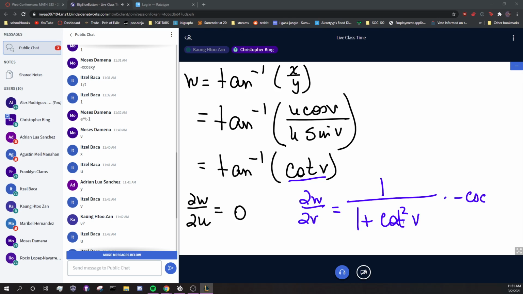Okay, so we end up with negative cosecant squared of v. All right, so you can simplify this. So if we simplify this, what is it equal to? Yeah, it simplifies down to just -1.